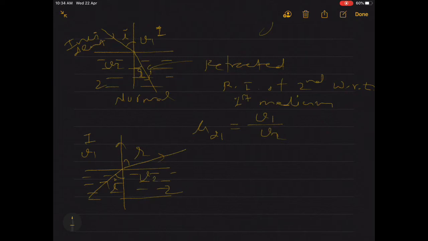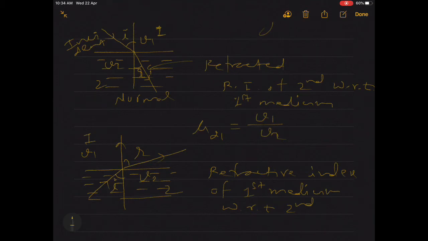In this case, the refractive index of the first medium with respect to the second.